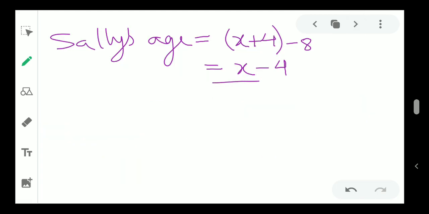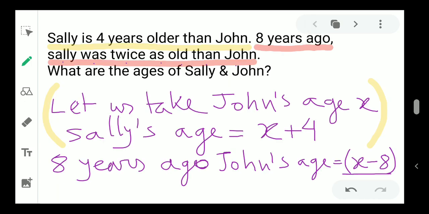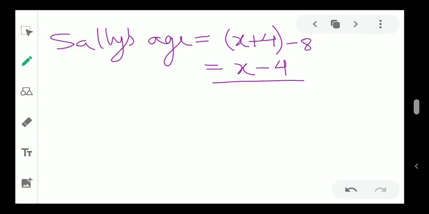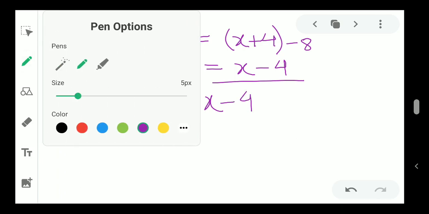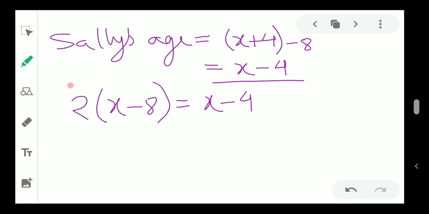I already know Sally's age 8 years ago, and I also know John's age 8 years ago. So twice John's age 8 years ago is equal to Sally's age 8 years ago. Now I am using my second condition, and I got one equation.